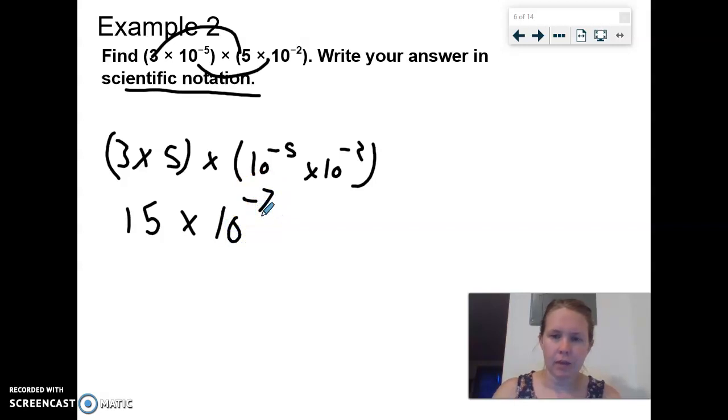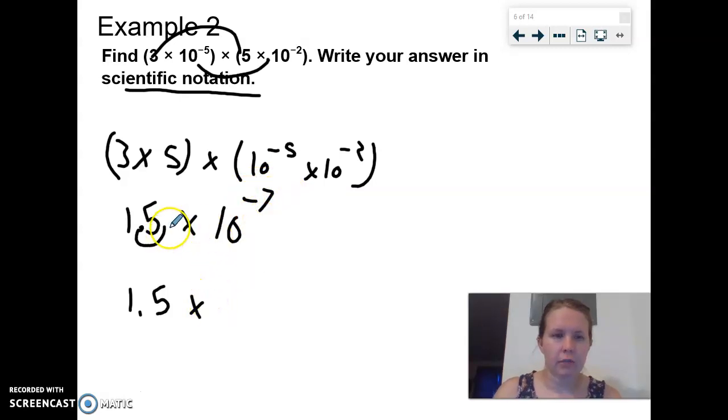Okay. So what I'm going to actually do in this case is I want to move my decimal so that it's 1.5. So I'm going to move my decimal 1 over to the left. 1.5. And in this case, what I would want to do with this one is that I'm going to add in an extra power.